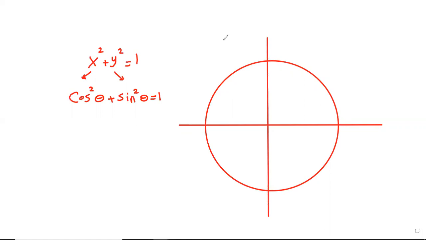Let's focus now on the coordinates of the unit circle here. This point and this point and this point. The two coordinates of this point are 1 and 0. And the two coordinates of this point are 0 and 1. And this point is negative 1 and 0. And this point is 0 and negative 1.